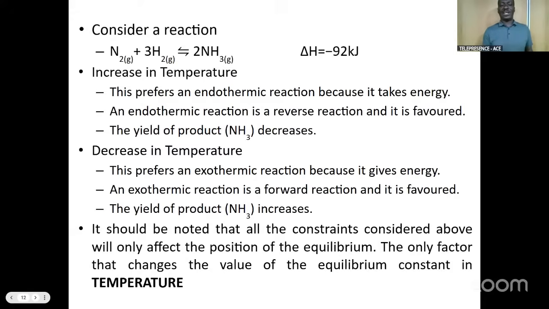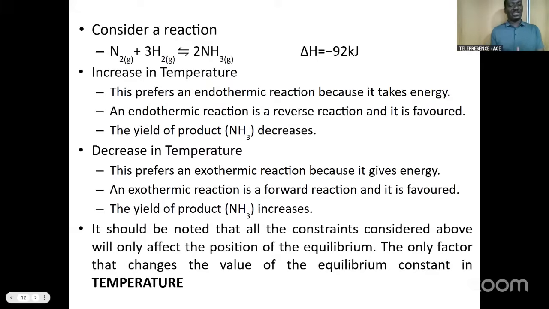Okay, so increase in temperature for the EBA process. Now, before I explain this, let it be known that if the forward reaction is exothermic, then the reverse reaction must be endothermic.